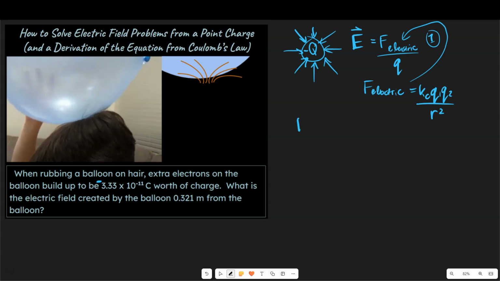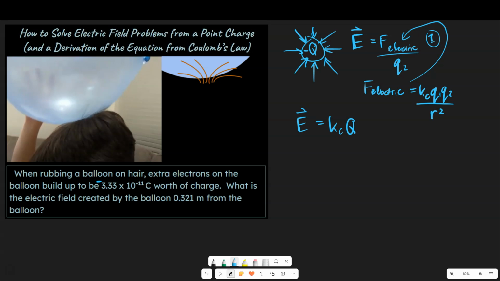So let's see what happens if we do that. So we can say our electric field is equal to Kc times, let's think about what Q1 and Q2 would be in this equation here. I'm going to change this from Q1 and Q2. Let's call this capital Q, and let's call this Q2 down here.